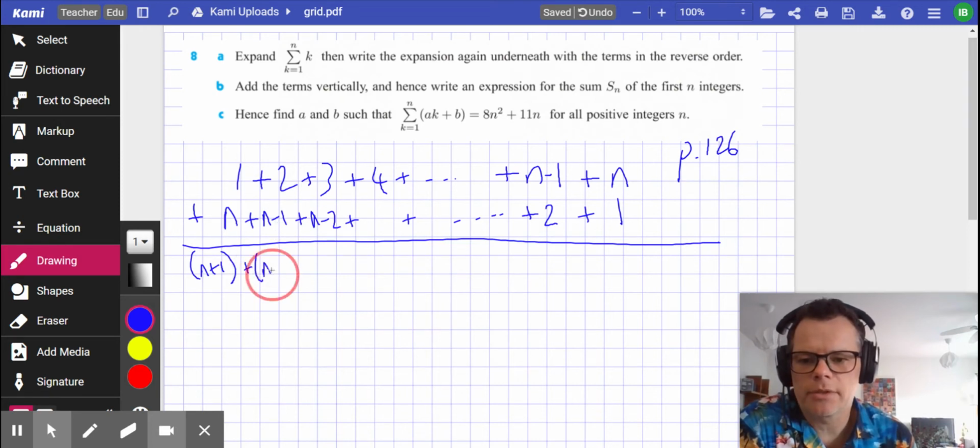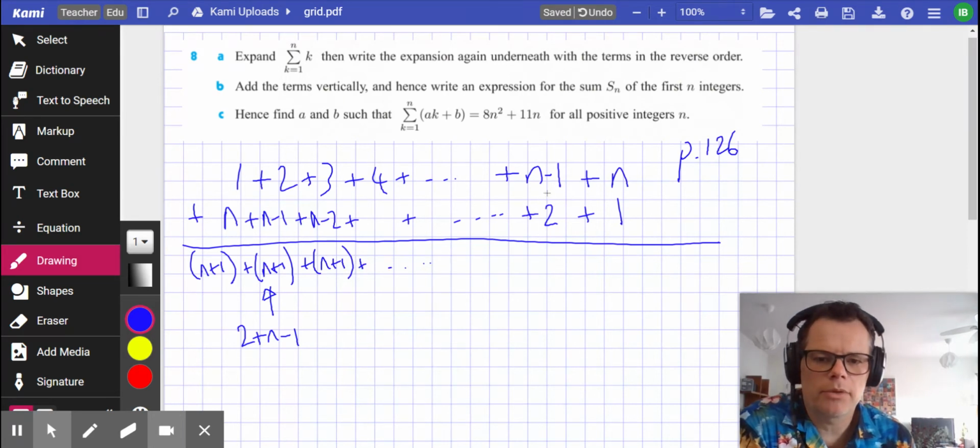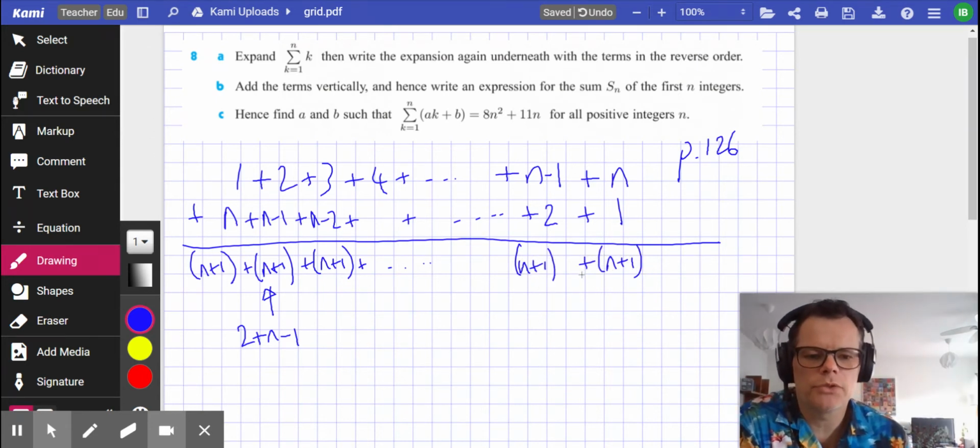If you think about it, what you're doing there is 2 plus n minus 1, which is n plus 1. That term there, 3 plus n minus 2, would also be n plus 1. That one there would be n plus 1. You end up with a bunch of n plus 1s, you see. How many n plus 1s?